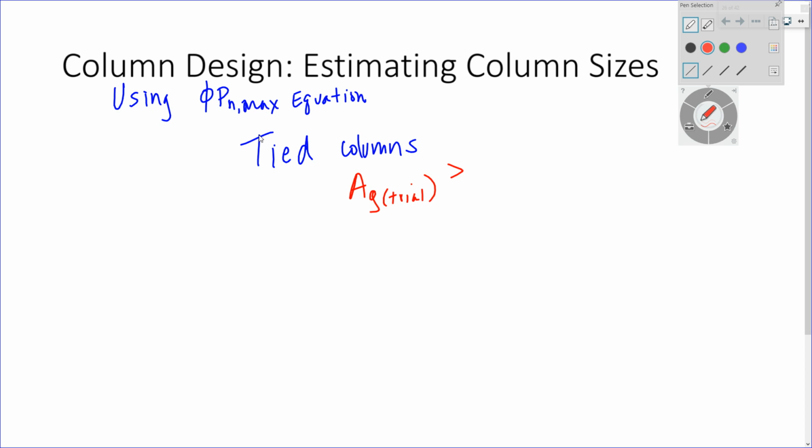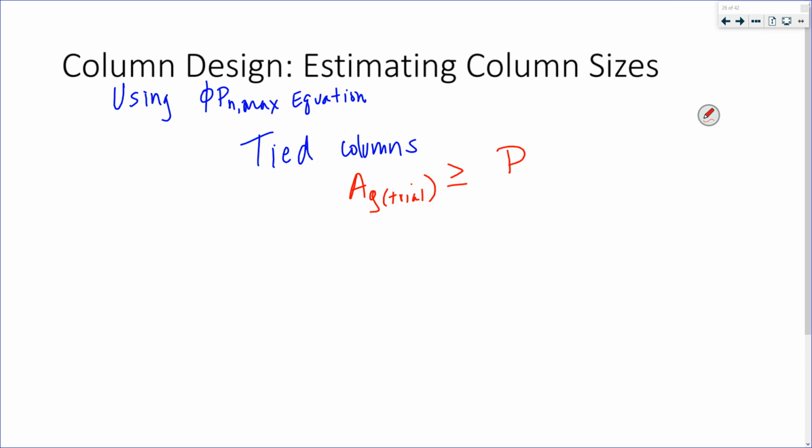You want it to be greater than or equal to your required Pu over 0.4 f'c plus your Fy times your rho of your column, right?